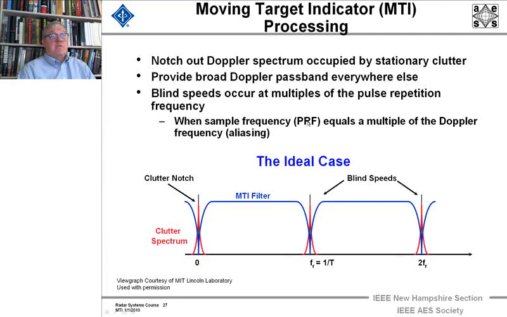So when the sampling frequency, the PRF, equals a multiple of the Doppler frequency, we have a effect called aliasing, where these all fold down under one another. You can't tell.